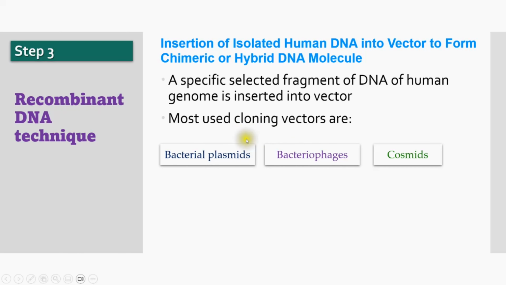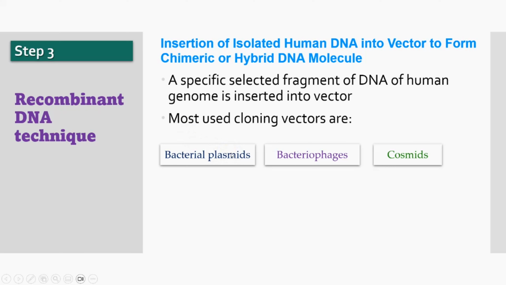Bacteria have their own chromosomal DNA. Apart from this, they also have small circular double-stranded DNA, which we call plasmids. Their main function is to exhibit antibiotic resistance property of the bacteria. Okay, that is bacterial plasmids.